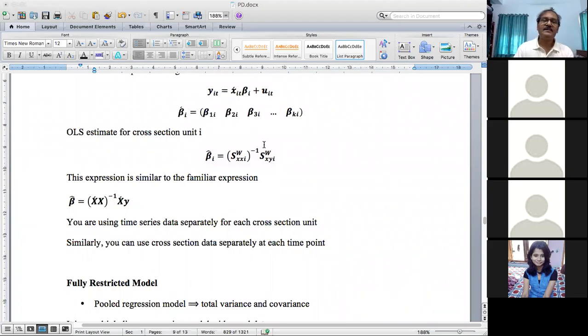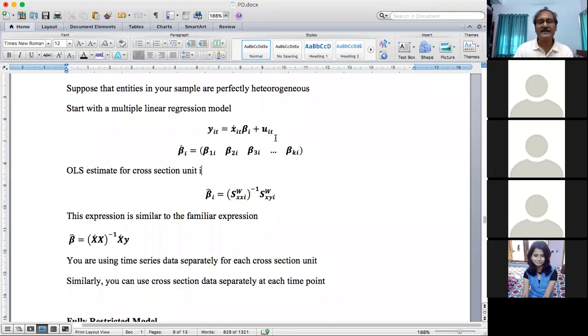So this unrestricted model is nothing but our conventional time series model. To estimate this model, we have to follow all the steps we discussed in the time series part. That is, we have to examine the stochastic behavior, stationary or non-stationary, of each and every variable used in the model.